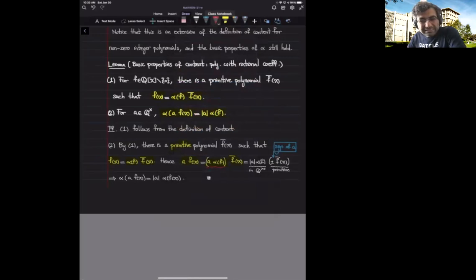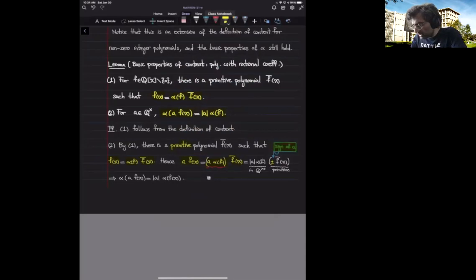But if A is negative, then I have to make it into a positive rational number. So that's why in either case I need to pick the absolute value of A and put the sign of A over here. But notice that when F bar is a primitive polynomial, so is its negative.